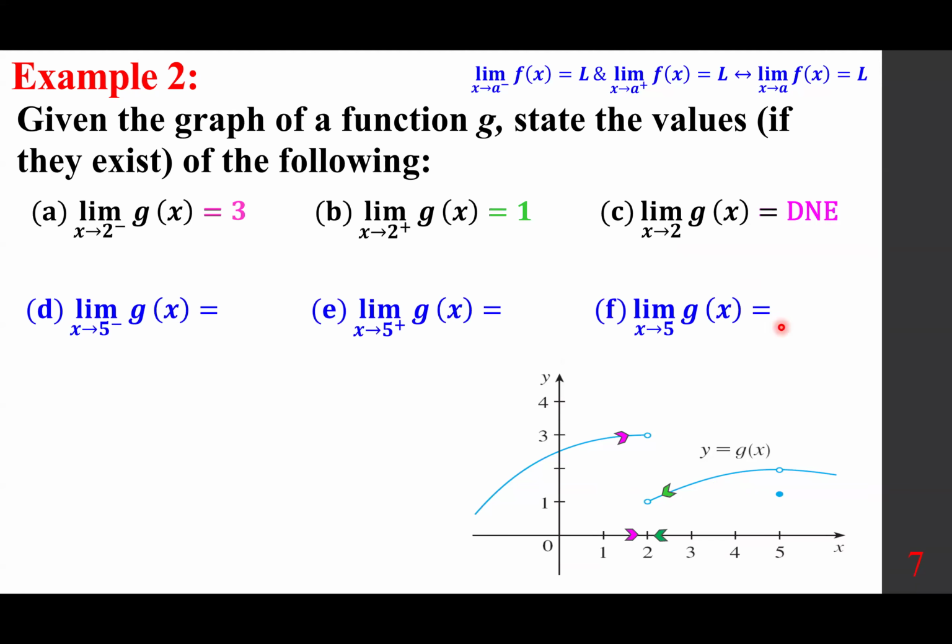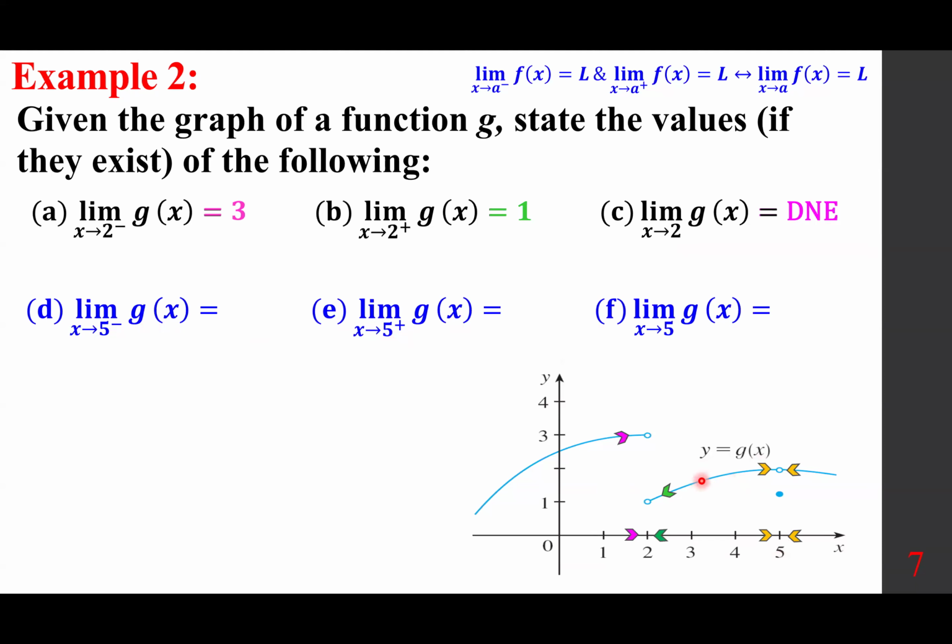We are interested in limit of g of x as x approaches 5. That's why, again, we look at one-sided limits, the limit of g of x as x approaches 5 from the left and as x approaches 5 from the right. So notice number 5, here's the left and right of number 5.